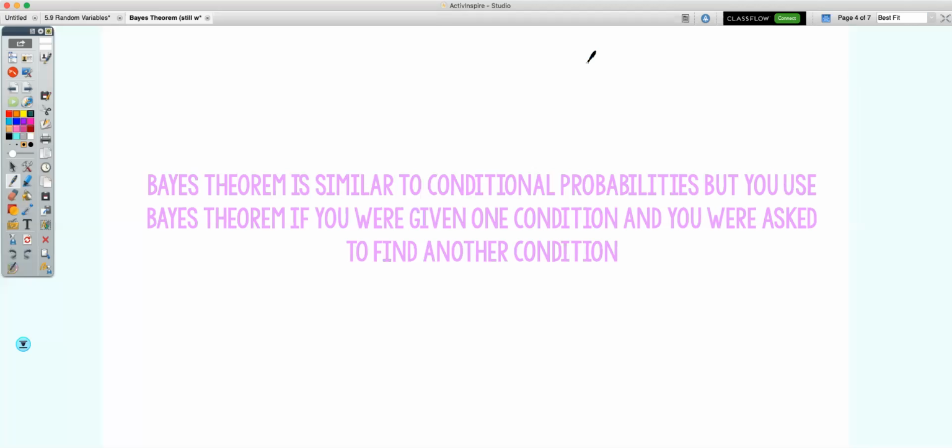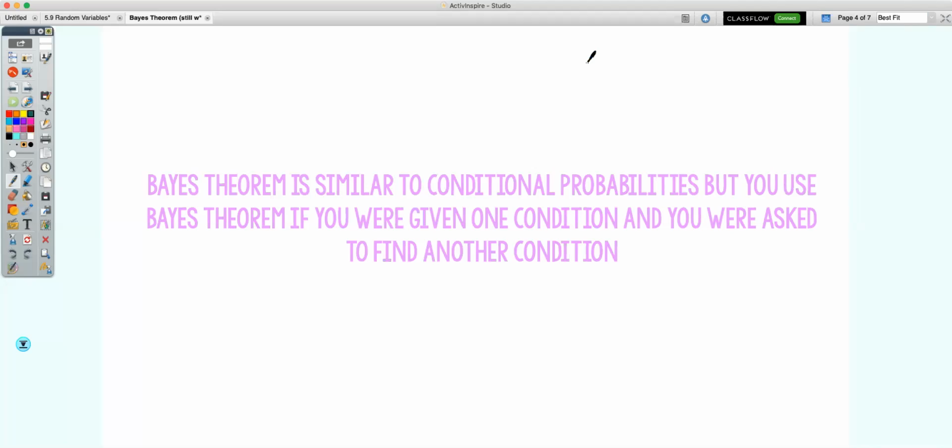Bayes' theorem, like I said, is similar to conditional probability, but you use Bayes' theorem if you're given one condition and asked to find another. That's one of the biggest differences between conditional probability and Bayes' theorem. However, a lot of the problems I've run across, from online to textbooks to the IB question bank, you could get away with using conditional probability to solve.